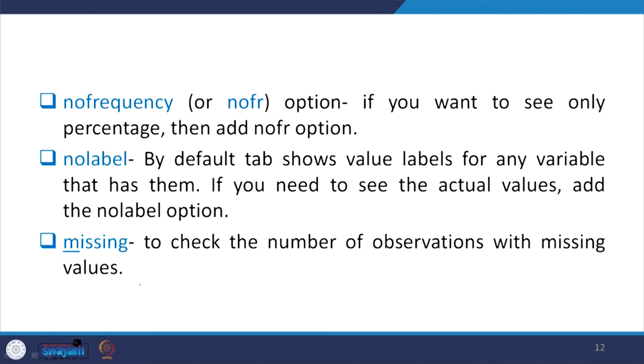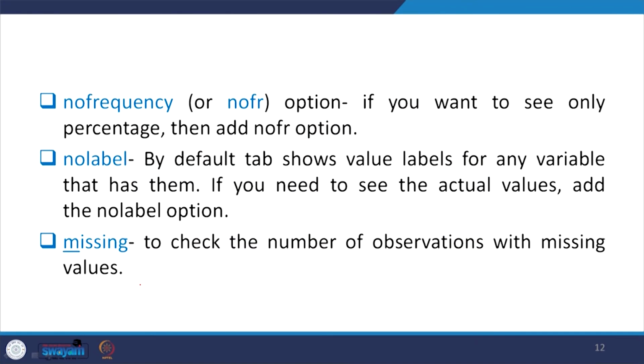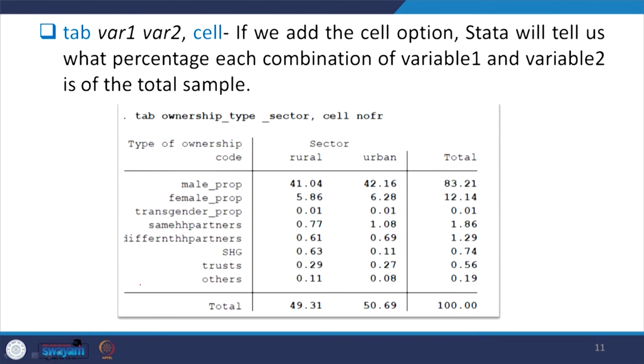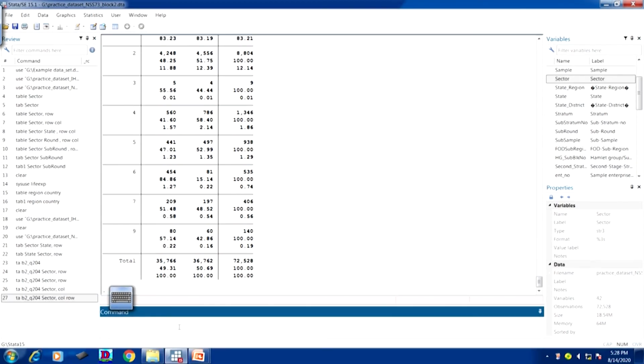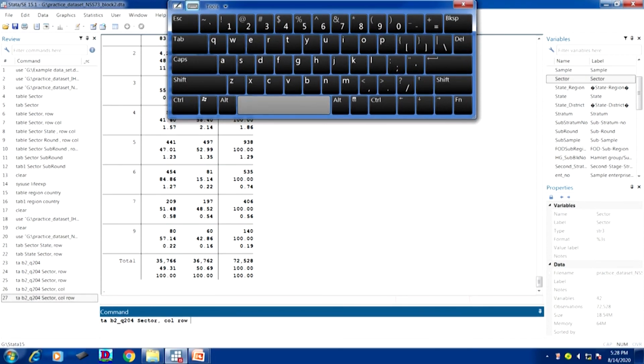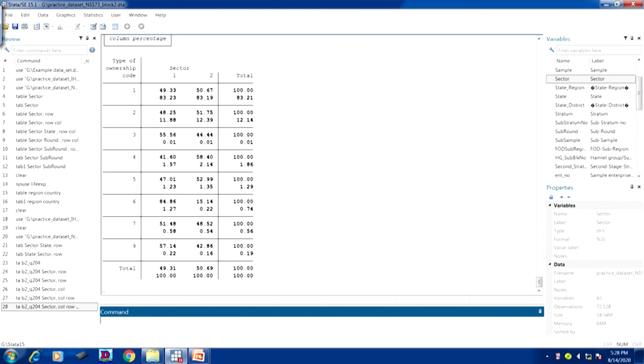NOFR stands for no frequencies, okay. You only want percentages. So, let me come back to the command like this. What I did, instead of row column, I have to specify NOFR. So, NOFR gives me, I have added NOFR, the frequency table is not there.